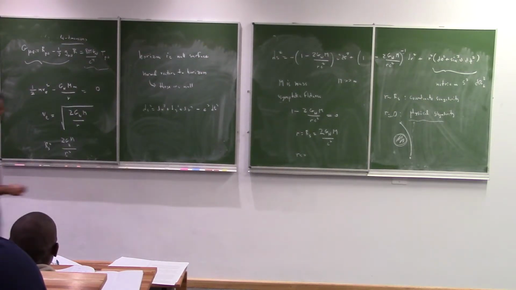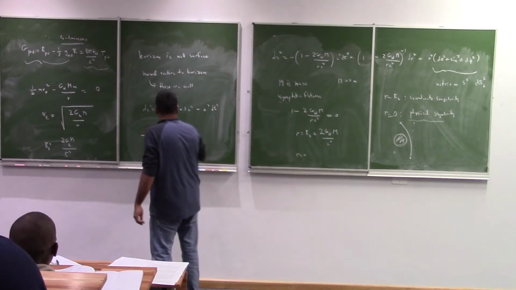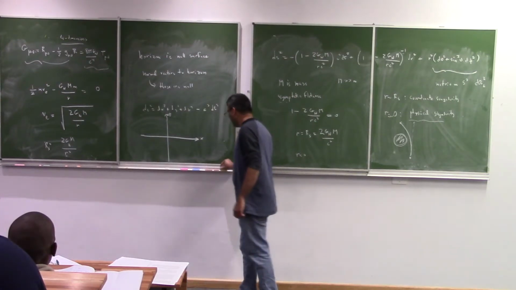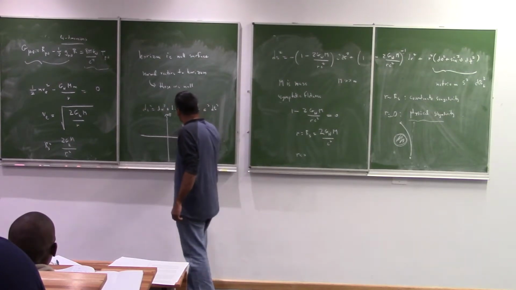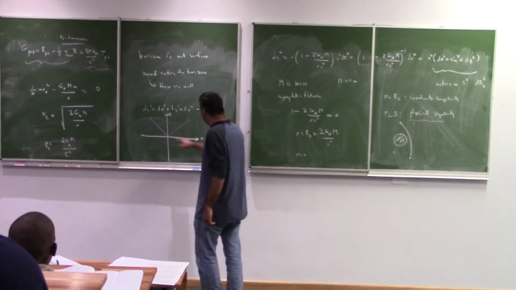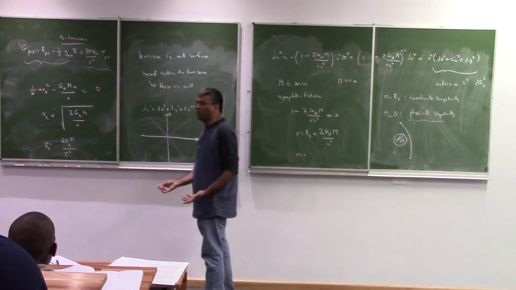So if we call this my ct-axis, and we call this my x-axis, light travels at 45-degree angles on this picture, and the distance along this cone is always going to be zero.